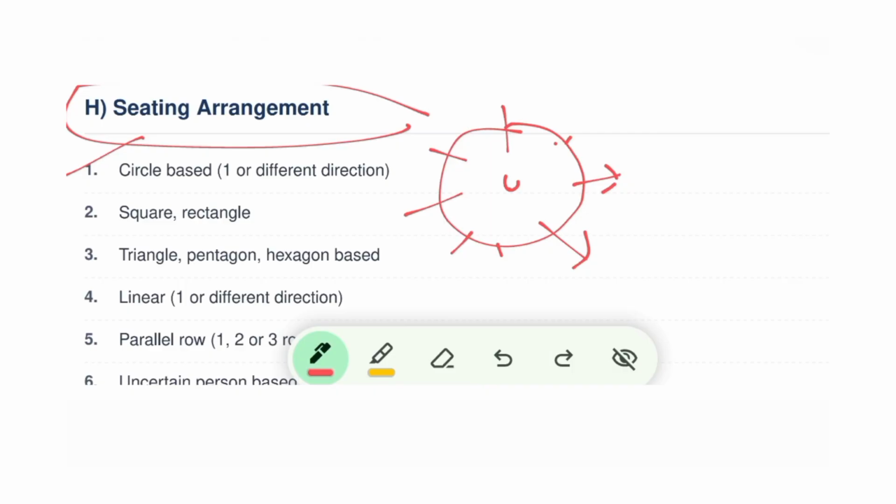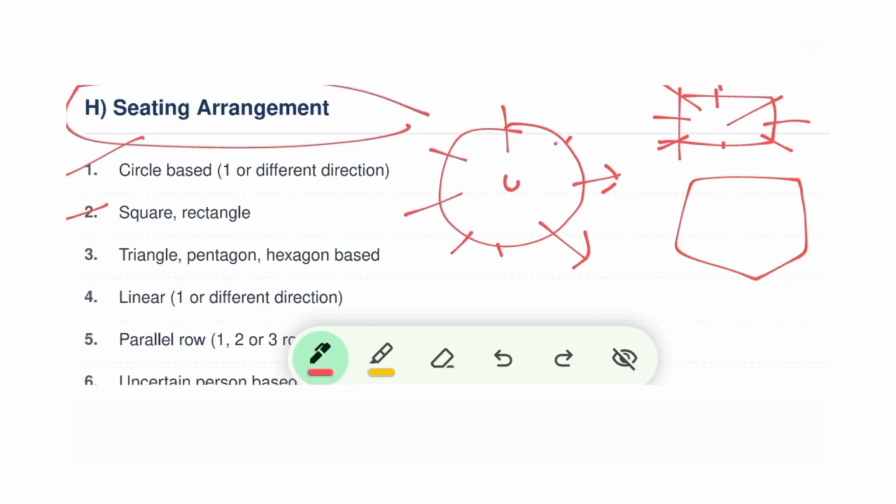There can be three to six persons, eight persons, etc. Second is square and rectangle based, like four persons sitting at the corners and four persons sitting in the middle, like this.